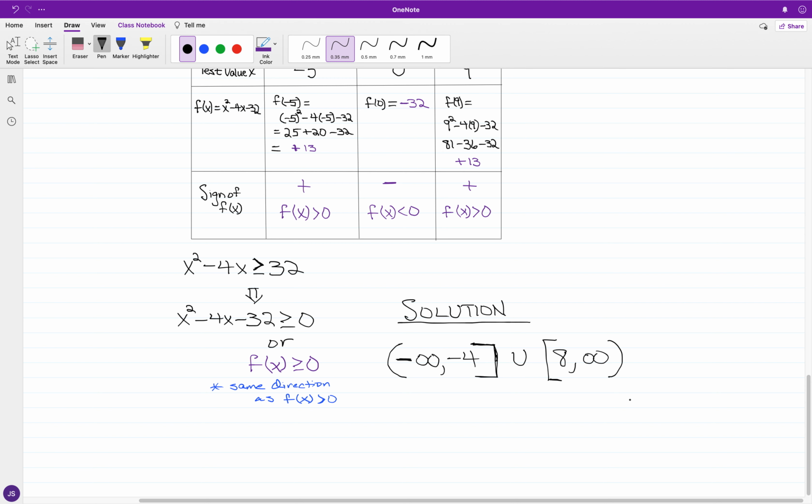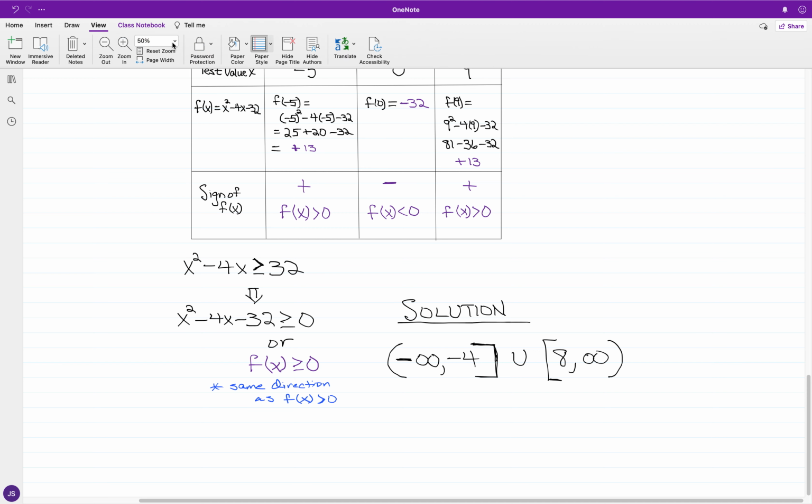And now, just a couple of cases here, say if you're looking for interval solutions.